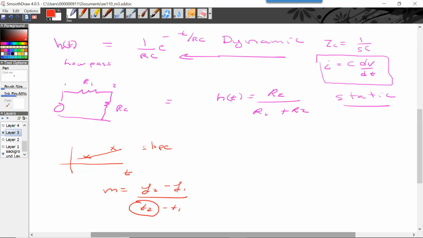And so you need to know two values in time to calculate a slope. So capacitors have this relationship, and it can be used to store energy or to be used as a memory, all right?